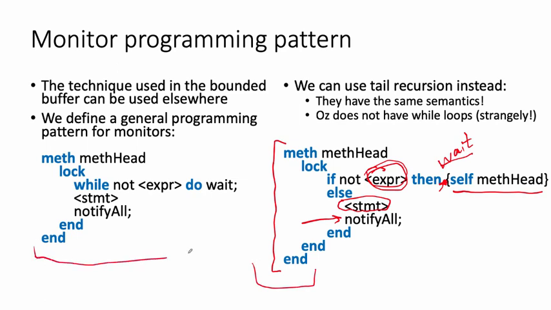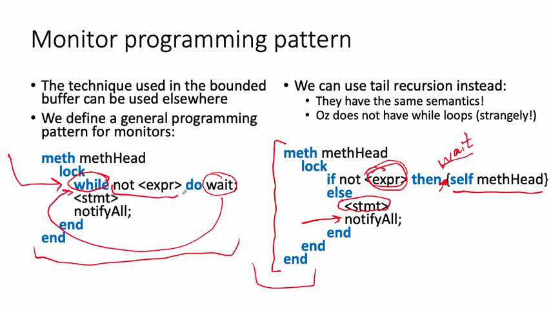There's another way to write this using a while, which is maybe a little bit shorter. Okay. The while loop. And with the while loop, you have to be a little bit careful here. So let's say I want to do put, but the buffer is full. I wait. When I wake up again, the while loop will test the condition again. You see?